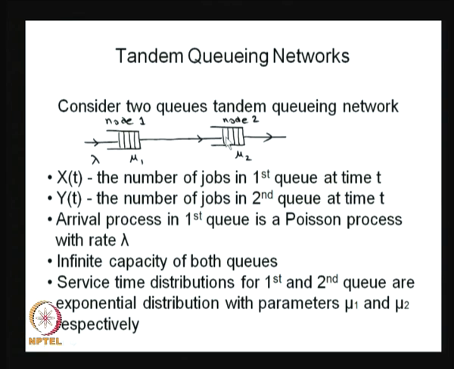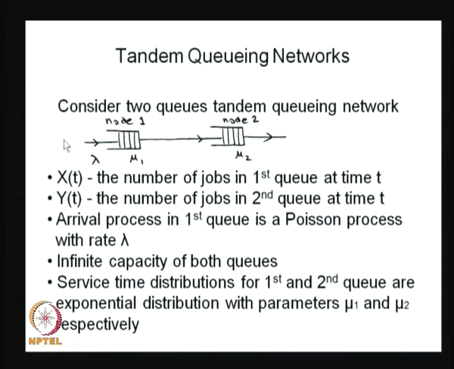Otherwise, the customer who comes after completing the service in the first node has to wait till his service starts. So, I am making assumptions one by one, so that the underlying stochastic process is going to be a continuous time Markov chain. That is my objective. So, for that, now I am making an assumption.